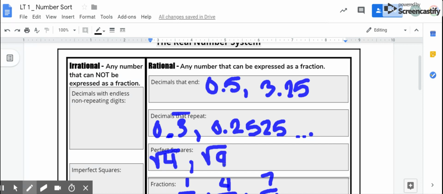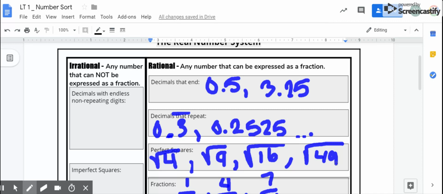Square root of 9. What number multiplied by itself would get you 9? Well, 3. 3 times 3 is 9. Another one that would work would be 16, because 4 times 4 is 16. Now let me pick a larger number. 49 would also be a perfect square, because we know 7 times 7 is 49.